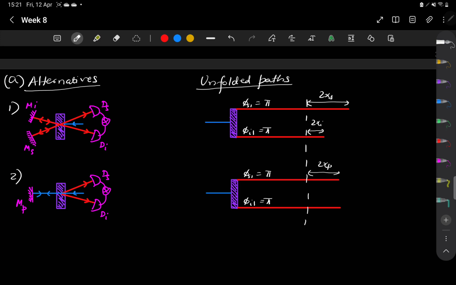and here phi p2 equals pi, and these don't have any phases.